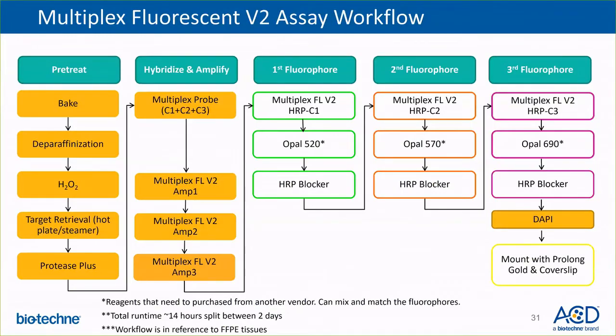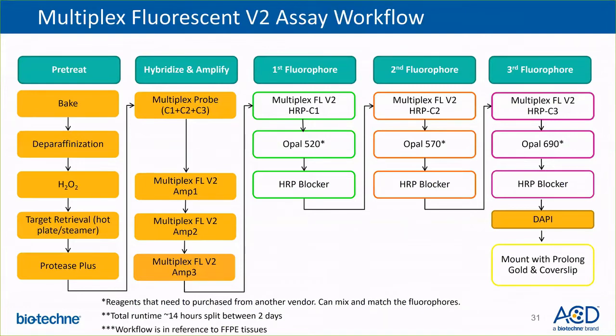Here is a detailed workflow for the Multiplex Fluorescent V2 assay. Similar to the previous workflow diagram, pre-treatment is completed first, followed by the target probe hybridization and subsequent amplification steps. This differs from the previously mentioned fluorescent assay as each channel is developed sequentially. Please note this is an enzyme-based development, and the enzyme used here is HRP.